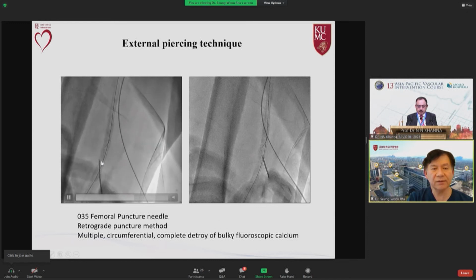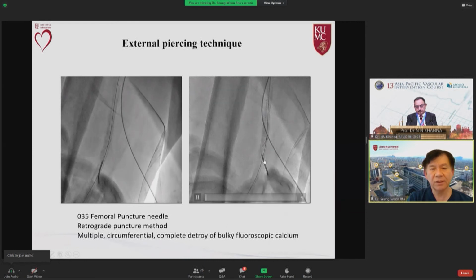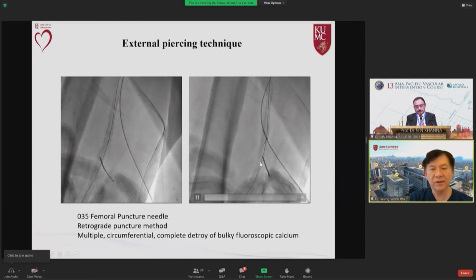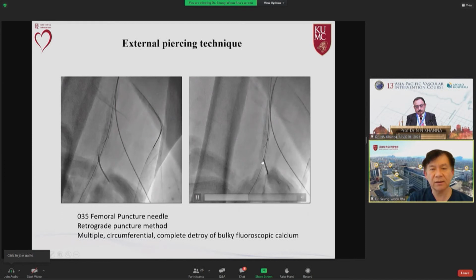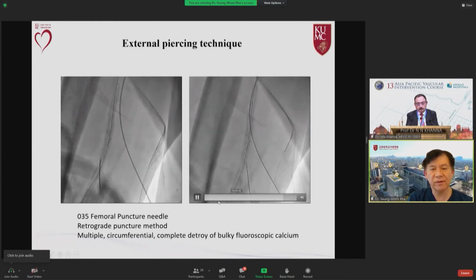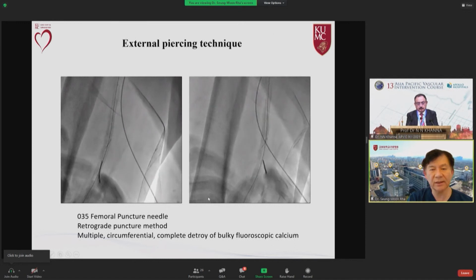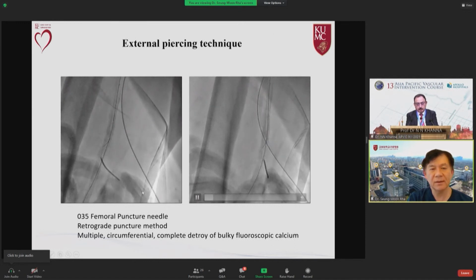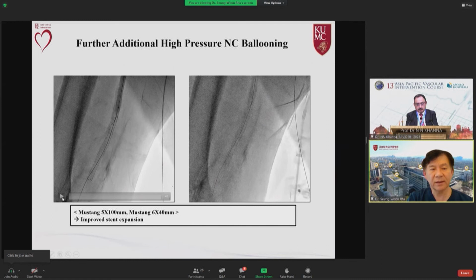So we completely destroyed this focal calcium with multiple retrograde puncture fashion. You can see this stent slowly expanding, similar to the previous BTK case. So aggressive puncture, multi-angle, then slowly expanding.